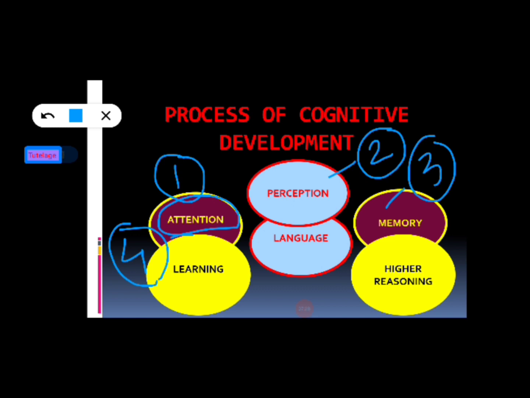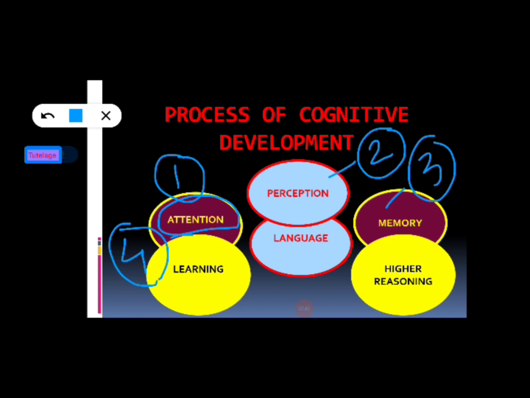So that's why in the fourth stage, learning, interaction is mandatory and it is allowed also. Learning is the process of synthesizing the knowledge captured from the environment.